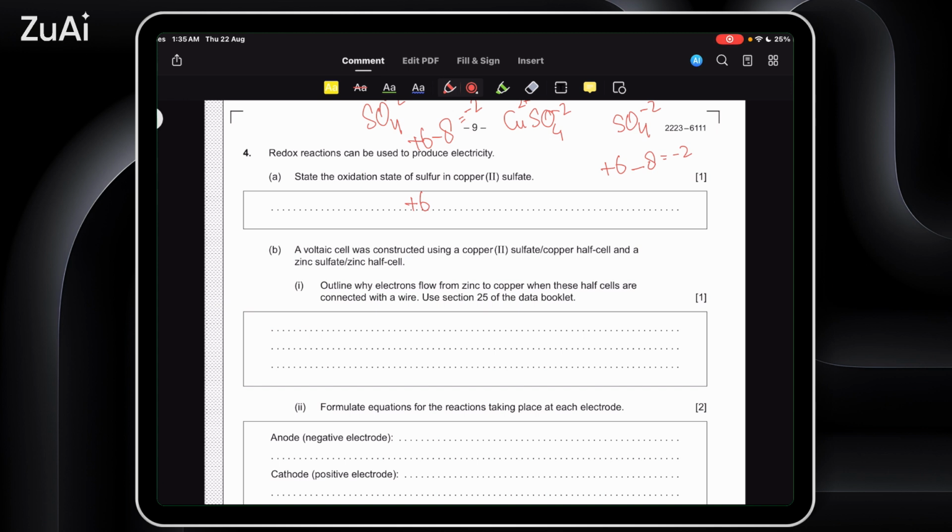So zinc is more reactive than iron, by the way. That's the reason. Zinc is more reactive than iron.